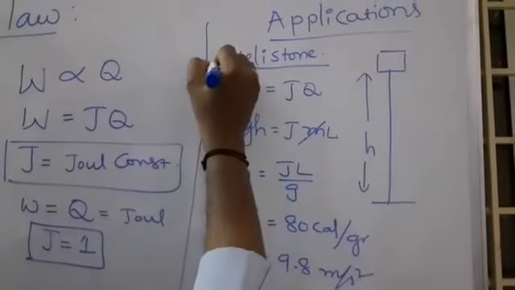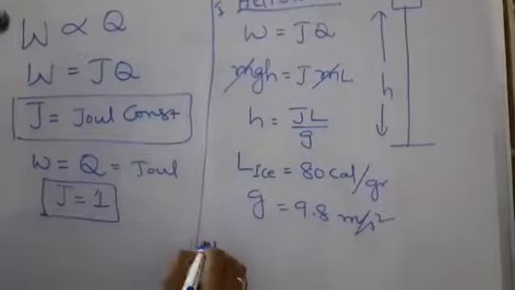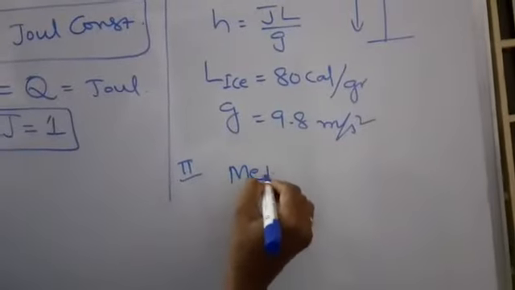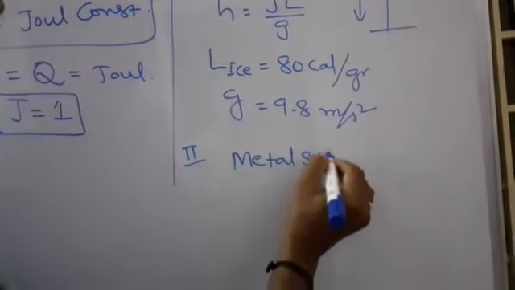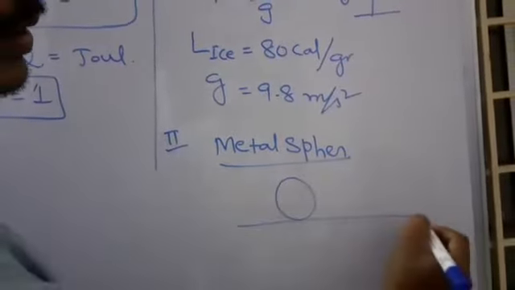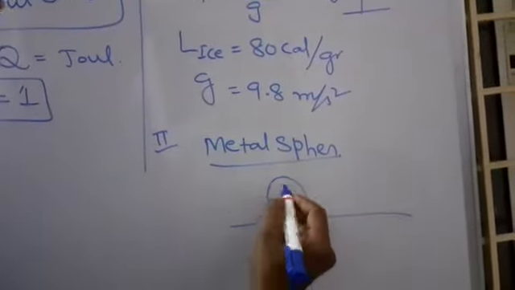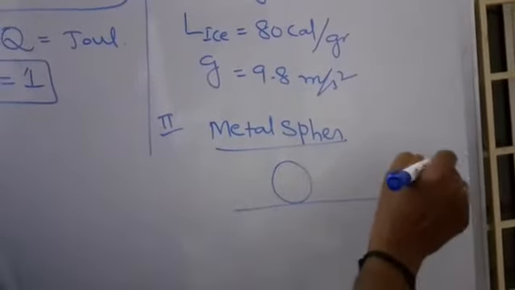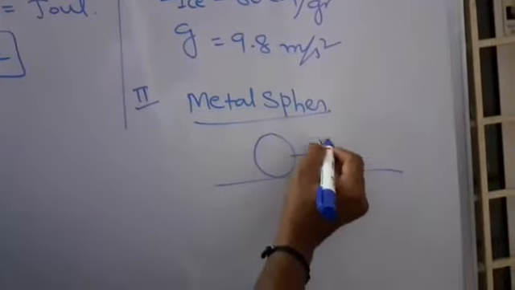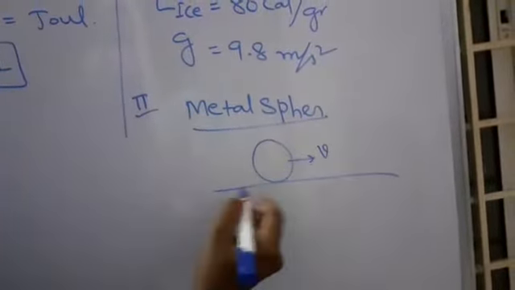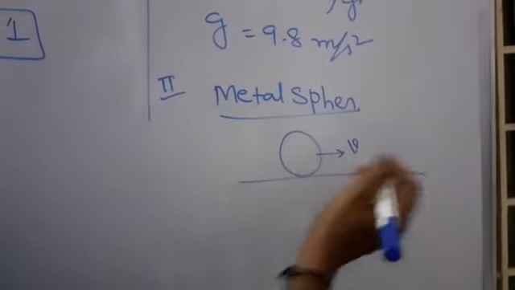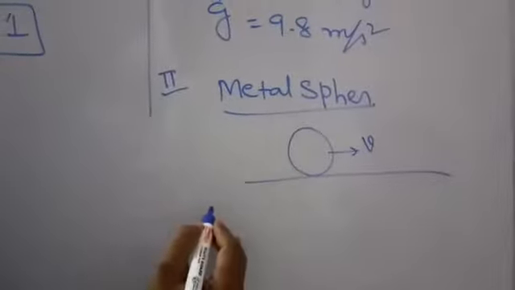Next, application 2. For example, a metal sphere. The metal sphere is rolling on a horizontal rough surface. So the rise in temperature of the metal sphere: whenever it is rolling with a velocity v starting from rest, what is the rise in temperature?